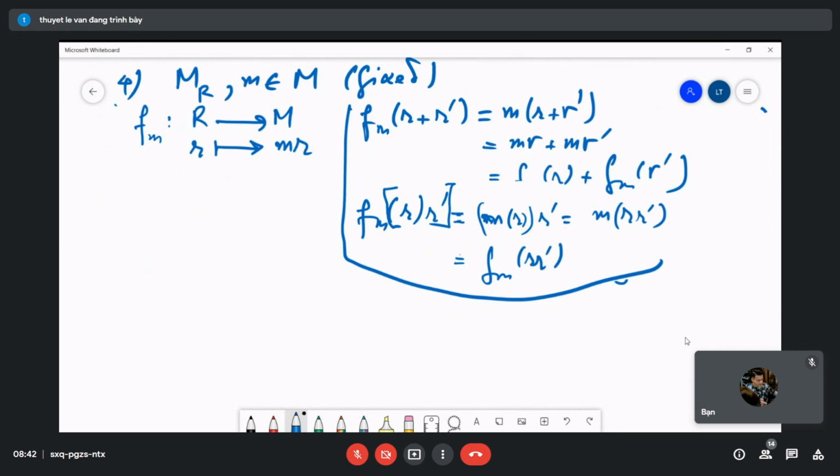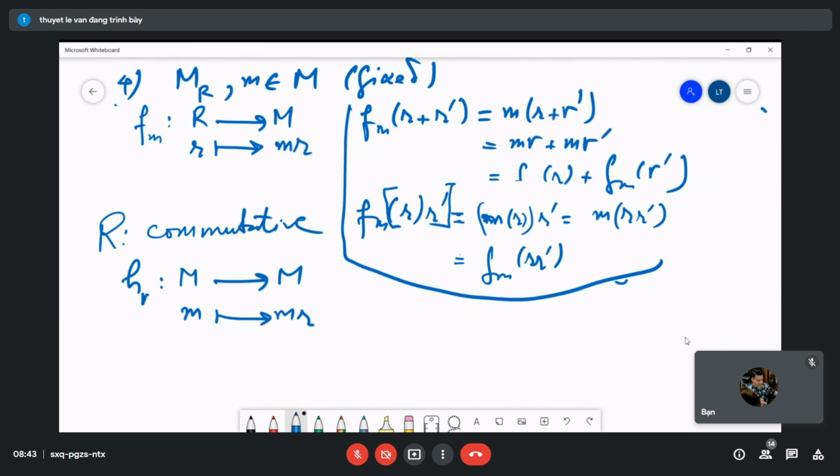But if you want the H_R, sorry, the H_R from M to M, here is M, and you receive MR here. R is commutative.